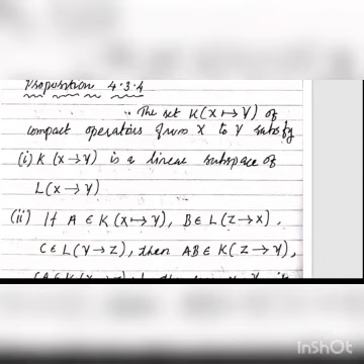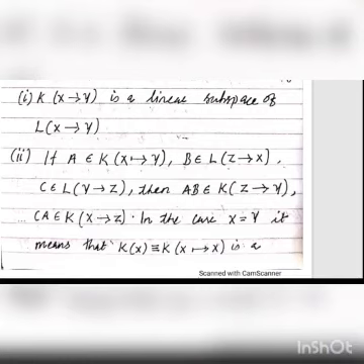First, K(X,Y) is a linear subspace of L(X,Y). Second, if A belongs to K(X,Y), B belongs to L(Z,X) and C belongs to L(Y,Z), then the product AB belongs to K(Z,Y) and CA belongs to K(X,Z). K(X,Y) means the set of all compact linear operators from X to Y, and L(Z,X) means the set of all linear operators from Z to X.